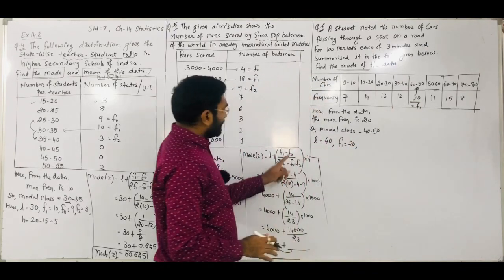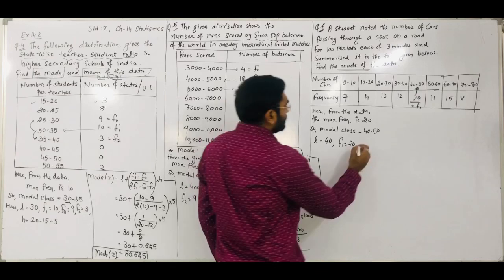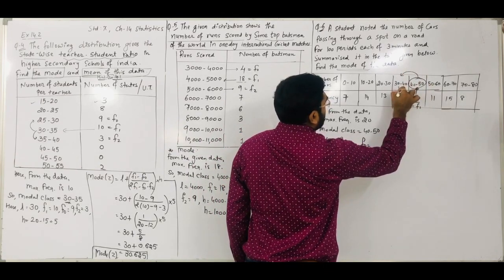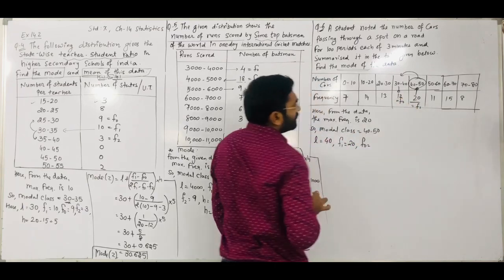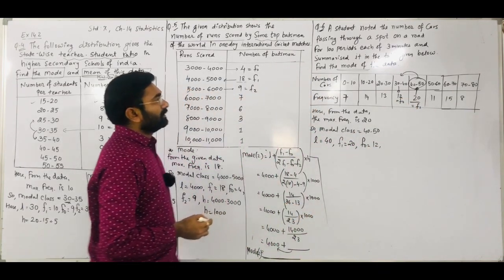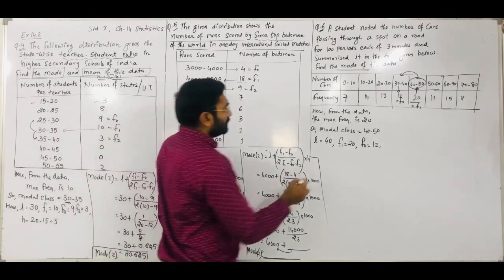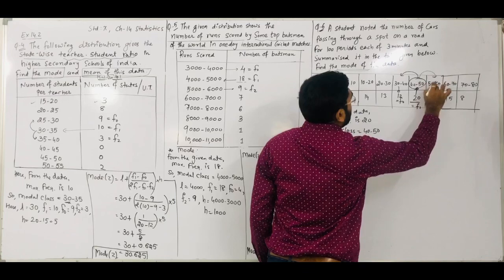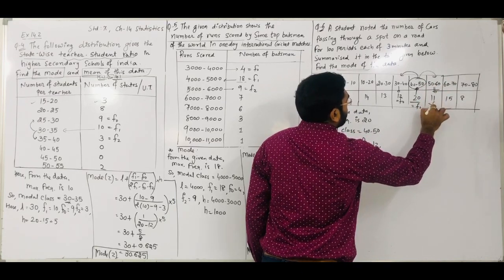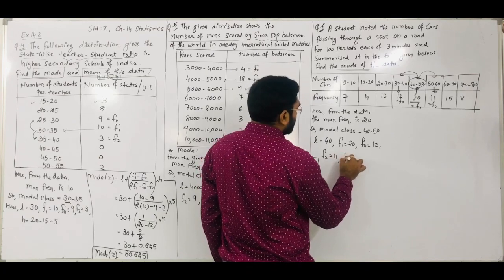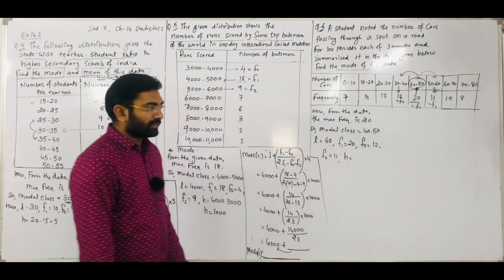Then we require the f0 value. f0 means the preceding class frequency of the modal class, so it is 12. Then we require the f2 value. f2 means the succeeding class frequency of the modal class, which is 11.